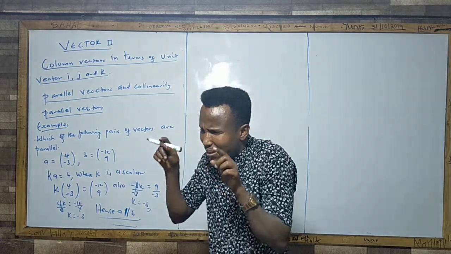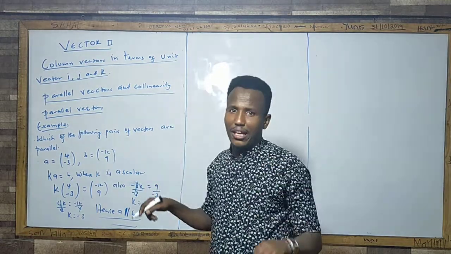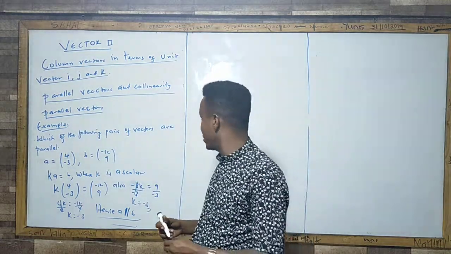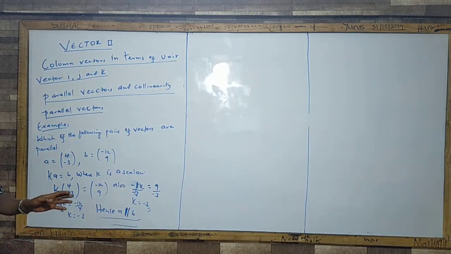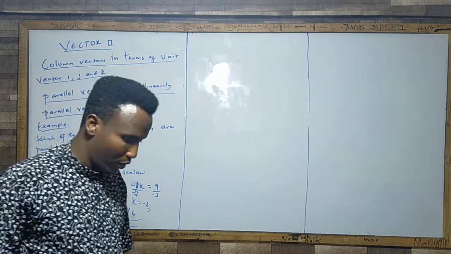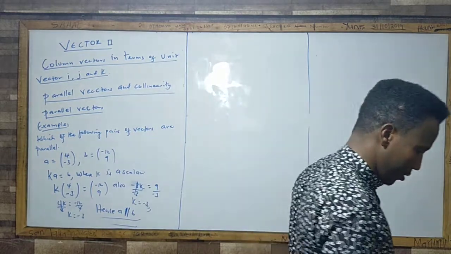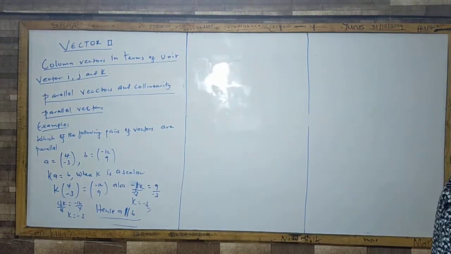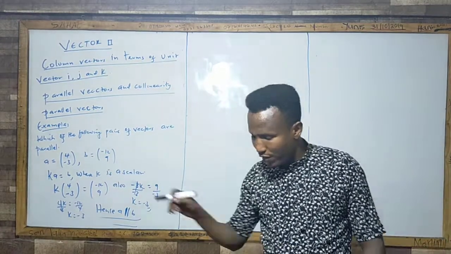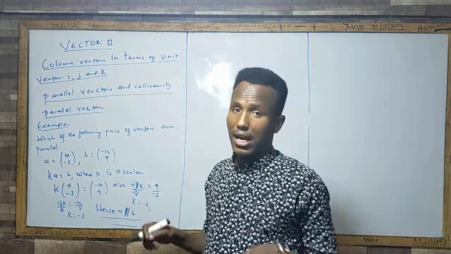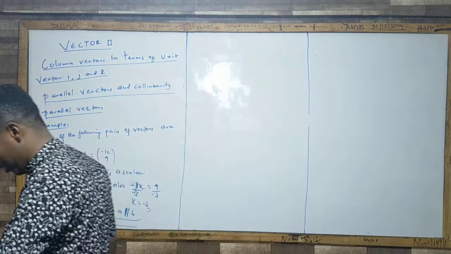But if you are getting the same number but of different sign, the two vectors are not parallel, for your information. So two vectors are parallel if vector A is a scalar multiple of vector B. If a certain scalar multiplied by vector A will give you vector B, then the two vectors are parallel.